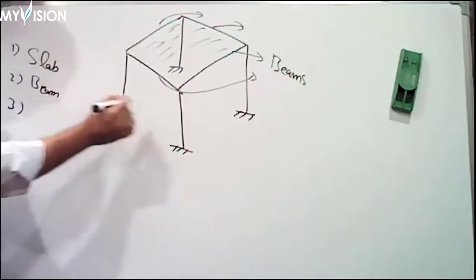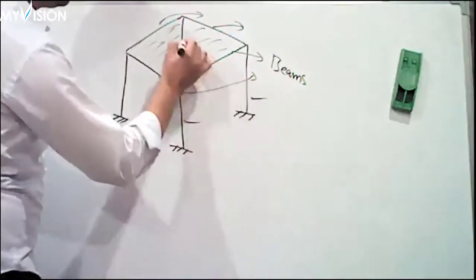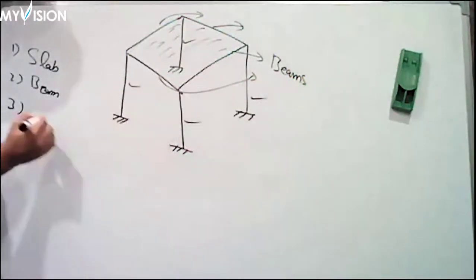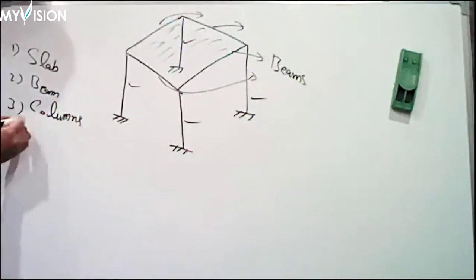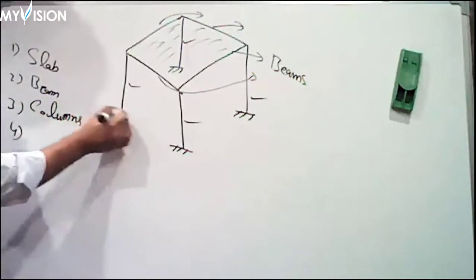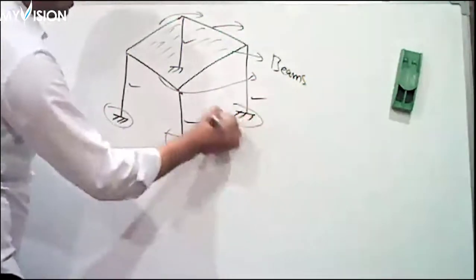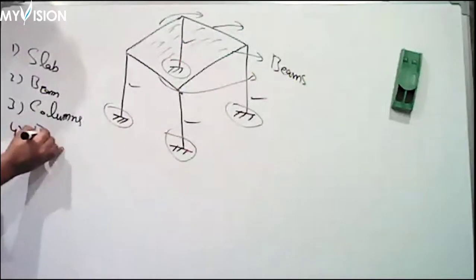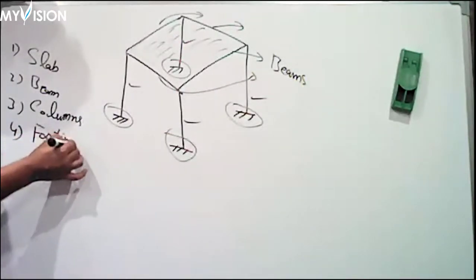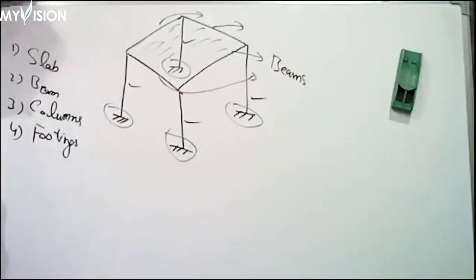Then the third one, these vertical lines, can you see these vertical lines? These are columns, and number 4, these encircled lines, are footings.